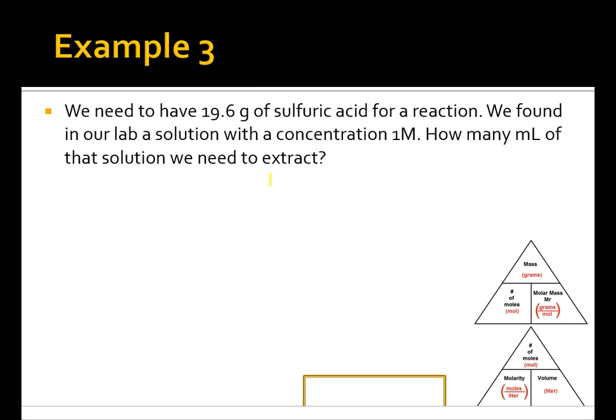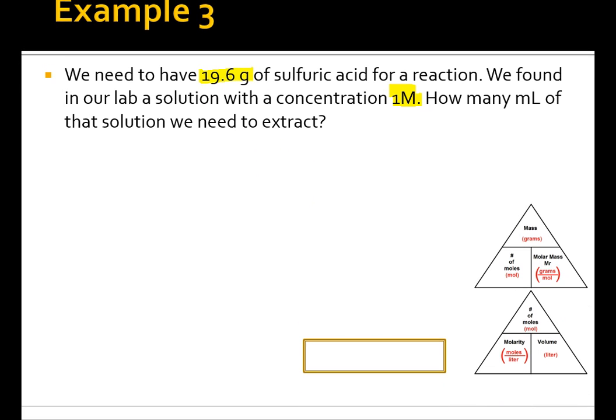In this last exercise, we have to obtain 19.6 grams of sulfuric acid, but we only can use a solution that is available for us, that is 1 molar. So we need to do something so the 19.6 grams are exactly in some volume of this 1 molar concentration.